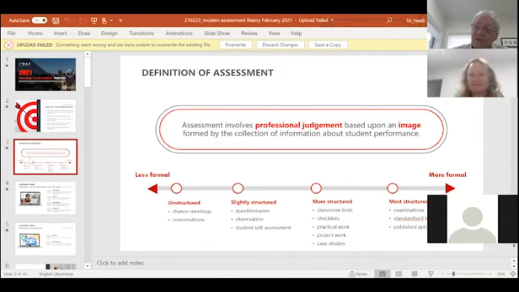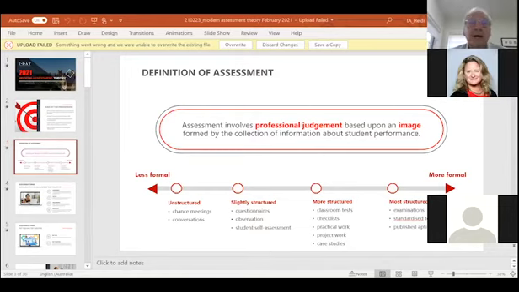If I'm in a room and I ask people to define assessment, everybody's got a different view, but everybody, when they say the word, thinks everybody's saying the same thing. It's a really good way to start and get a shared understanding of something that's a critical part of teaching and learning. So to us, it involves professional judgment. There's no doubt about it that assessment involves professional judgment.